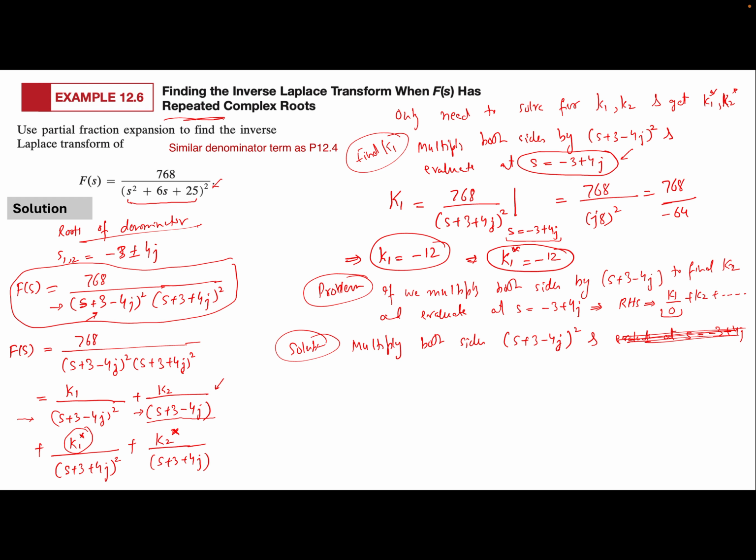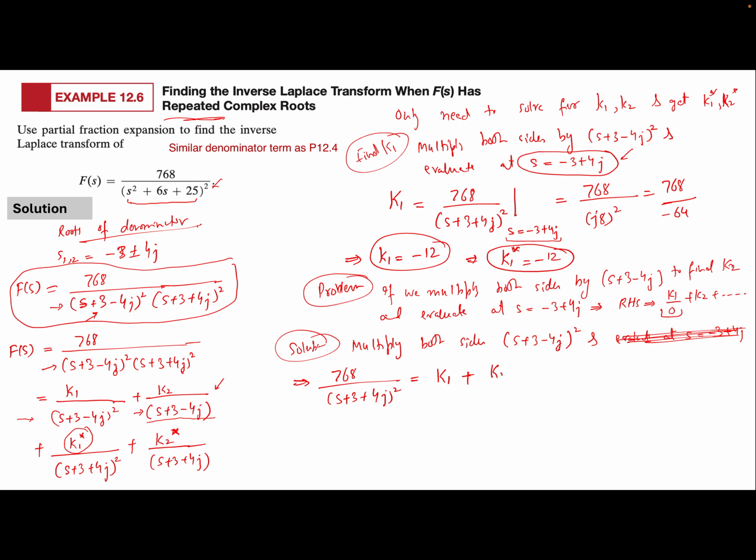Once we multiply both sides by s plus 3 minus 4j, let me write this down. On the left-hand side, you will get 768 divided by s plus 3 plus 4j whole square, because this term was cancelled. And then on the right hand side you're going to be left with k1.